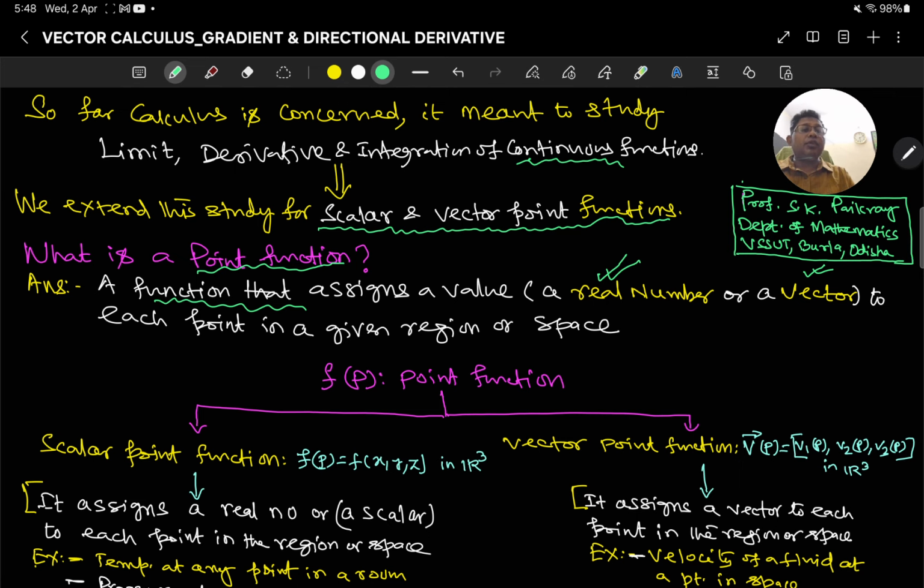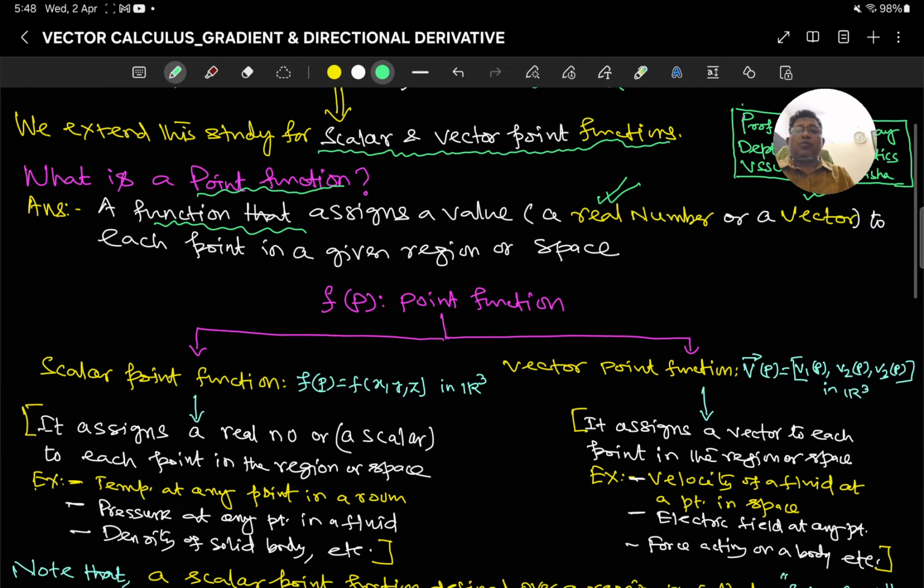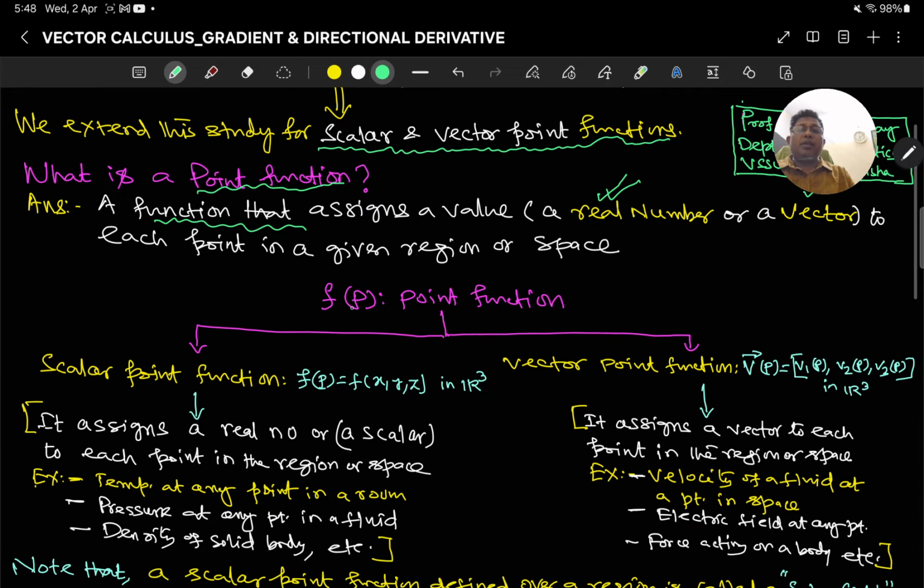So you are given a point function, F(P). It can be classified into two parts. One is the scalar point function, the other one is the vector point function. The scalar point function means what we know earlier: the limit, continuity, derivative of the function. These are basically the scalar point functions.